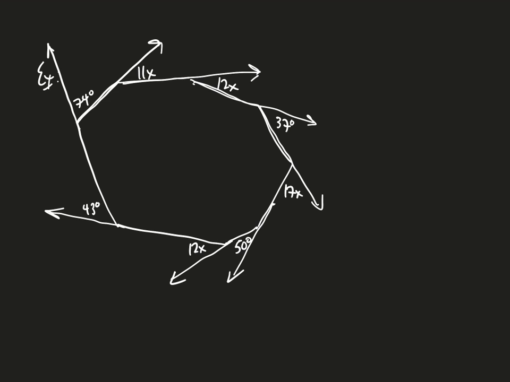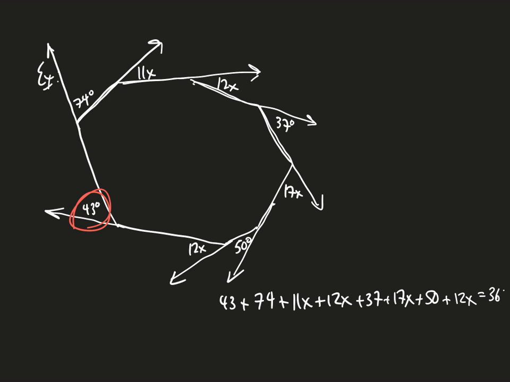It's just add up all the exterior angles. I'm going to choose to start with this one. And the sum will be 360. So I'm going to start at this 43 and just work myself around. So the first one's 43, then 74, then 11x, then 12x, then 37, then 17x, then 50, then 12x.